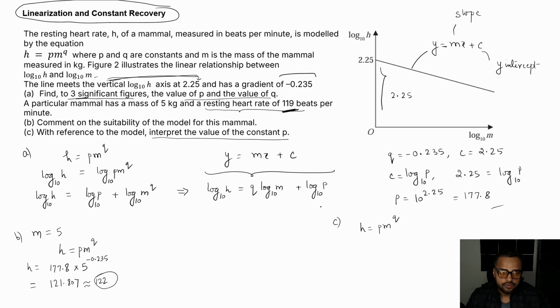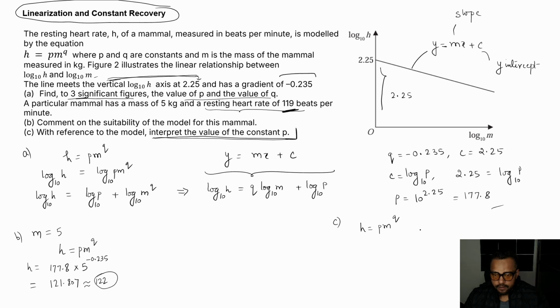So this is the value of constant p they have asked. So we can say that if the mass is equal to 1, then this particular model is having the resting heartbeat rate. The value of p will be equal to 1.